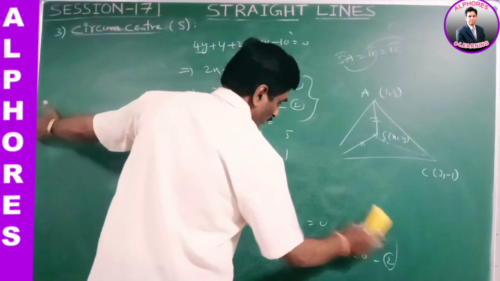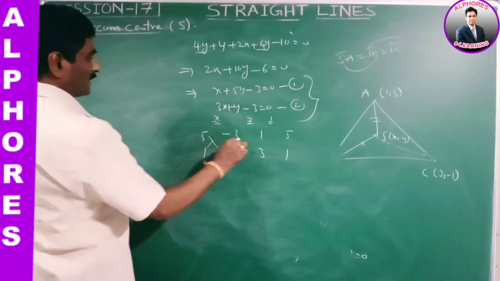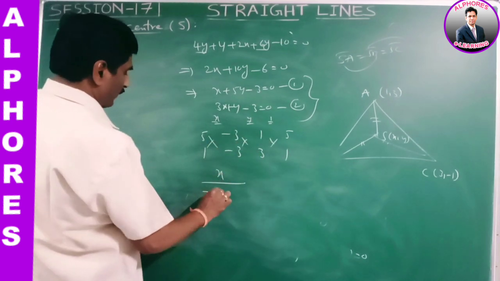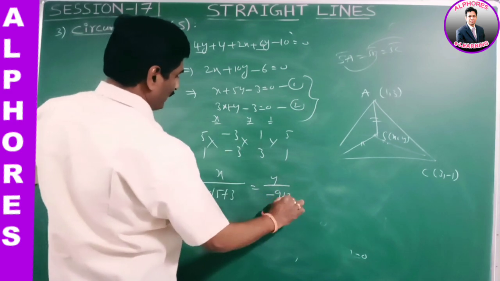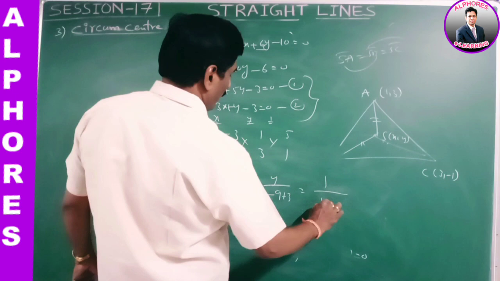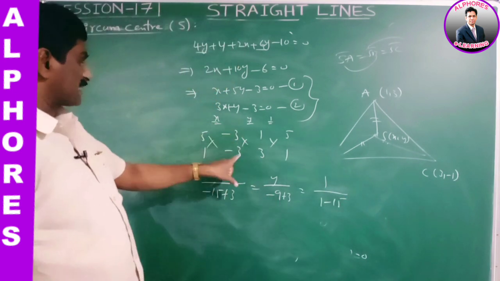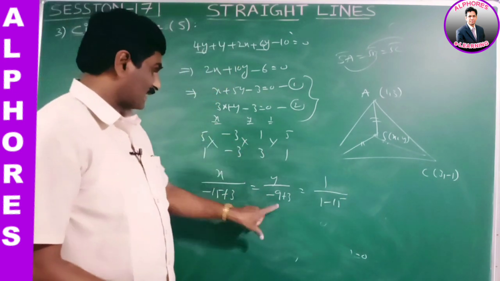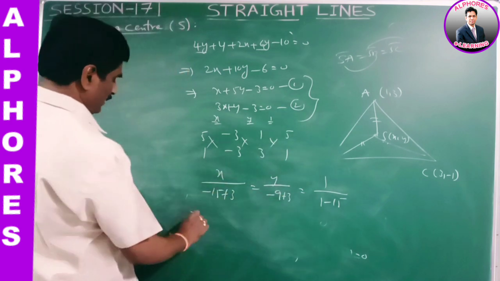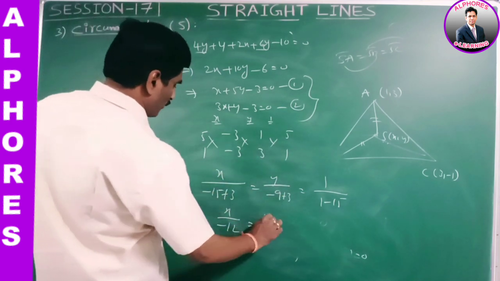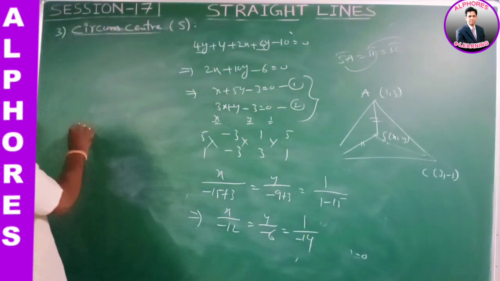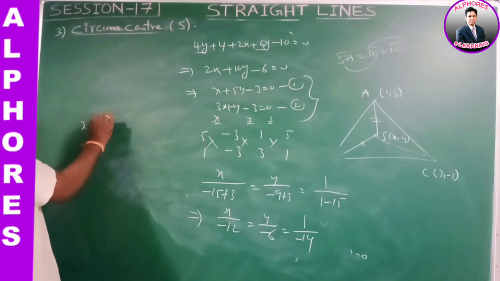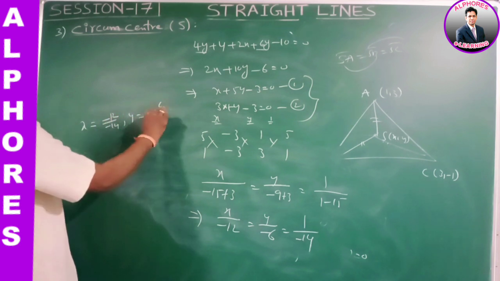By solving 1 and 2, x/(-15 + 3) = y/(-9 + 3) = 1/(1 - 15), that is AD - BC. So x/(-12) = y/(-6) = 1/(-14). Therefore x = -12/-14 and y = -6/-14.